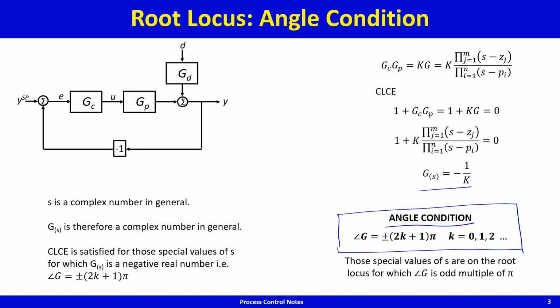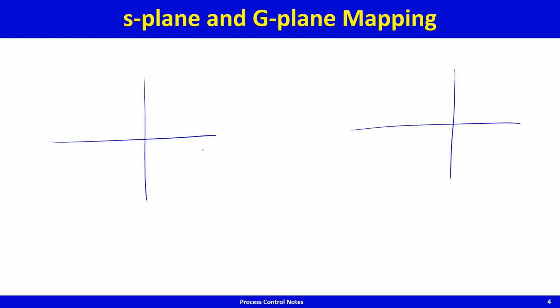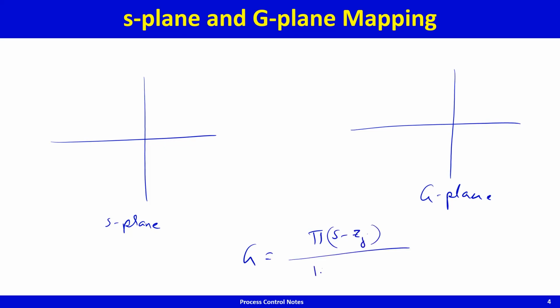Okay, we'll go over those construction rules, but it is useful to once again summarize or state what we are trying to do. So we have the S plane and we have the G plane, where G is equal to the product over j of S minus Zj divided by the product over i of S minus poles.